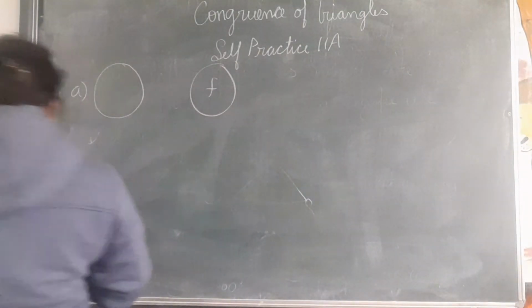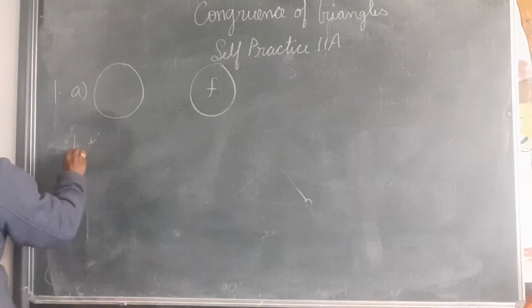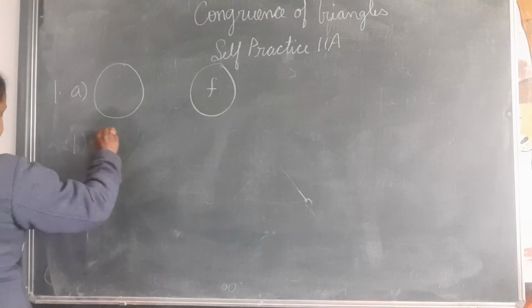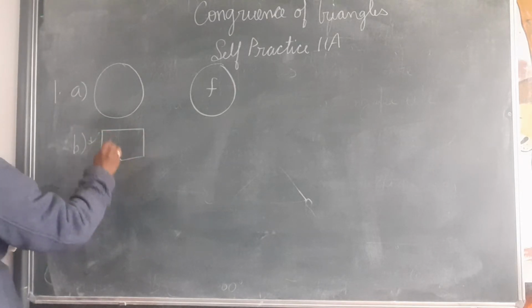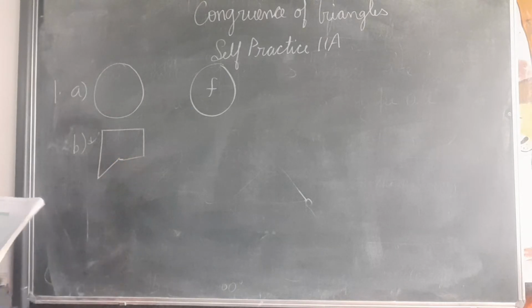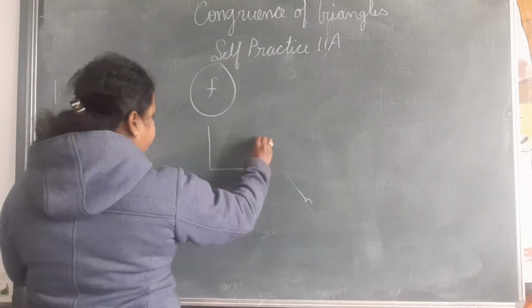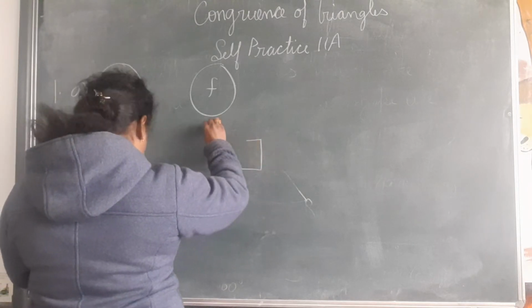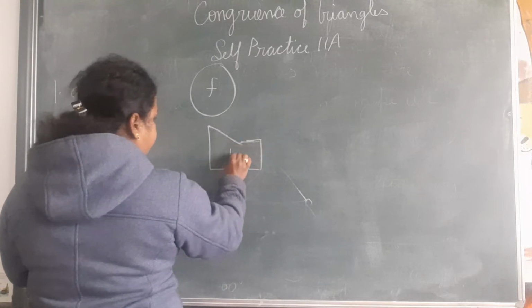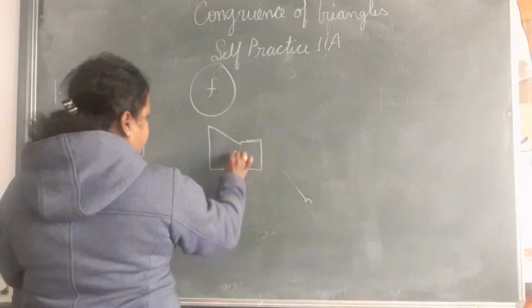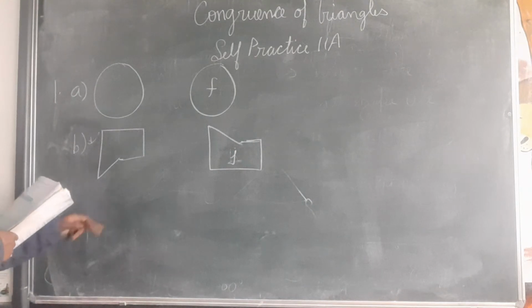Now see the B part. It is made like this. When you move to the right side, you see J1. J1 is similar to B, but the direction is opposite.